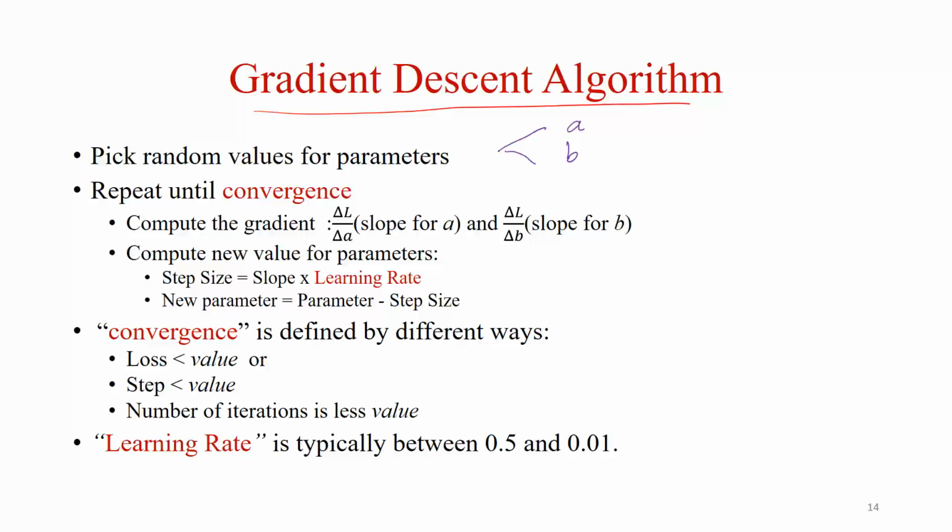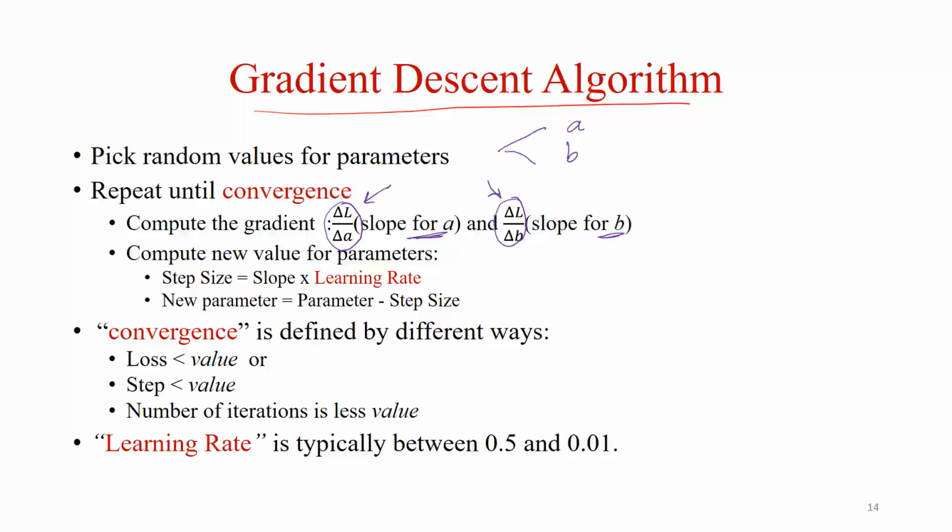Then we compute, obviously we have the loss function. We take the derivative of the loss function with respect to A, and that gives me the slope for A, and the derivative with respect to B gives me the slope for B. I should say compute, because in this method those derivatives are computed.